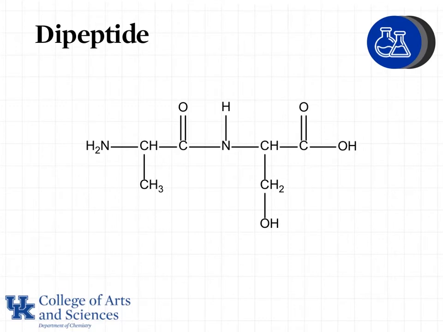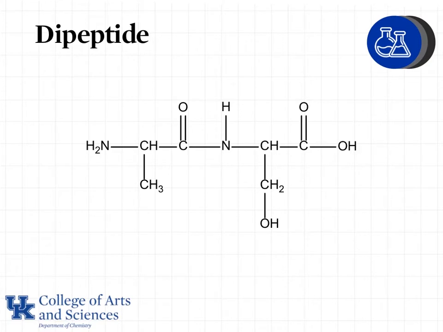Let's look at the simplest of peptides, which is a dipeptide, which is 2 amino acids. So peptide is just another term used for amino acid. When we look at this dipeptide, we're going to try to identify the backbone and the different amino acids that make it up.